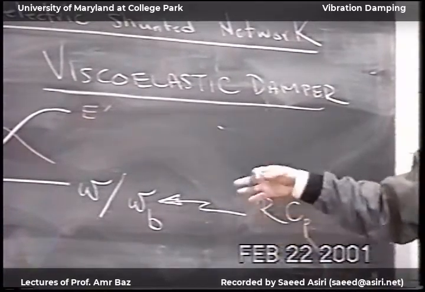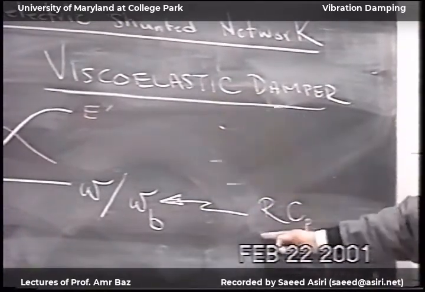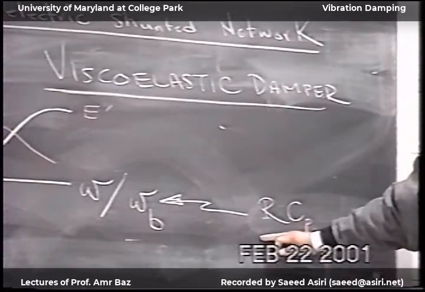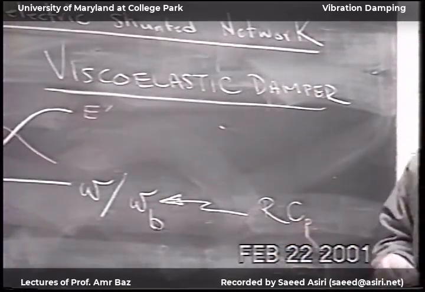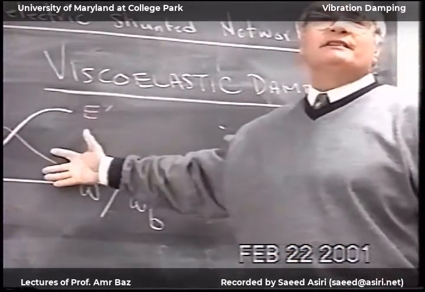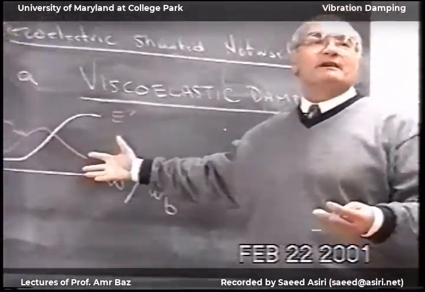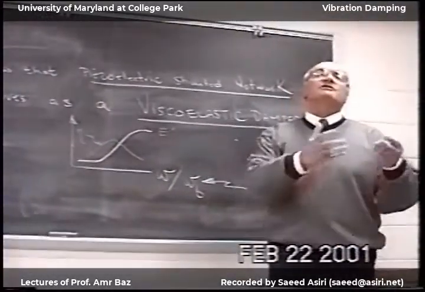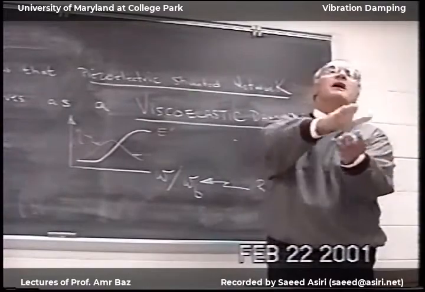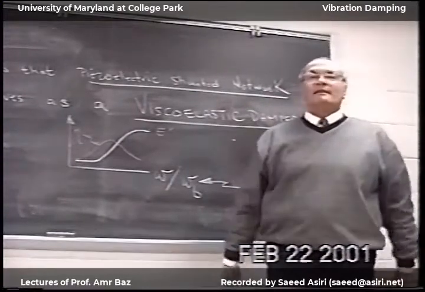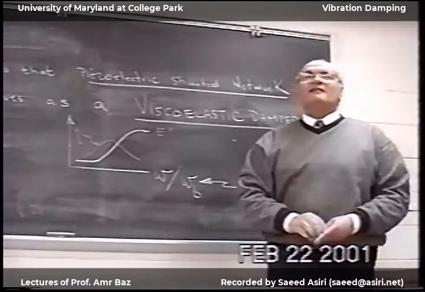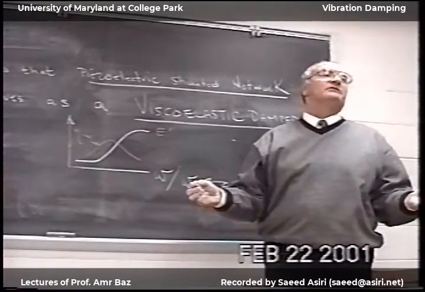And we'll have a set of these graphs for different inductance. So now, once you have this, you can generate viscoelastic damping. Now, if I combine these two, then we have a beautiful design for nice damping treatment.